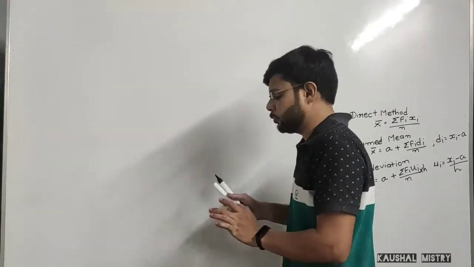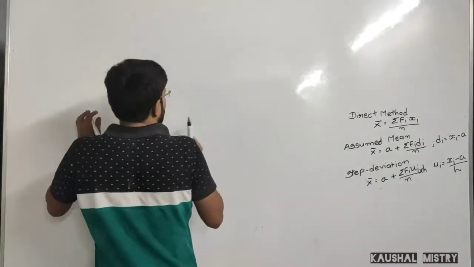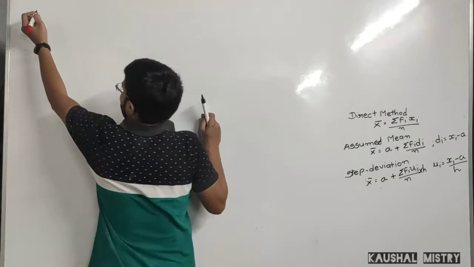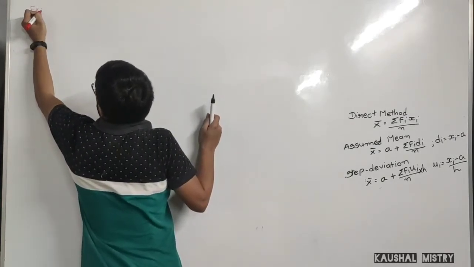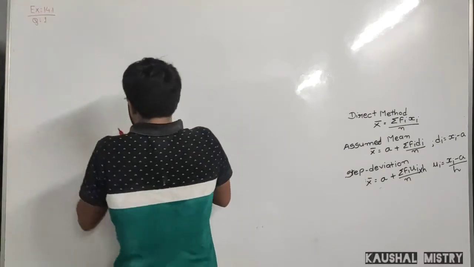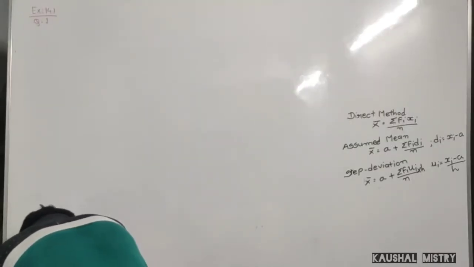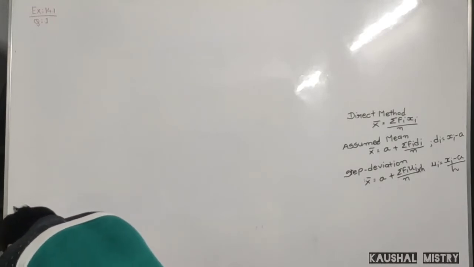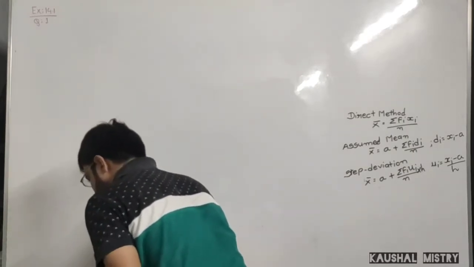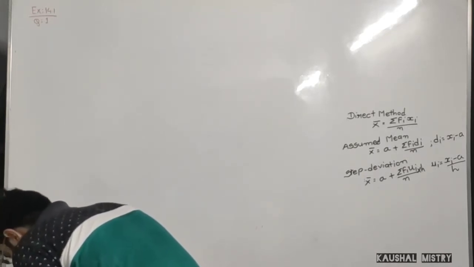So now we are going to solve the first sum, exercise 14.1, question number 1, and we will solve it by all three methods, so see carefully. The question is: a survey was conducted by a group of students as a part of their environment awareness program, in which they collected the following data regarding the number of plants in 20 houses in a locality.